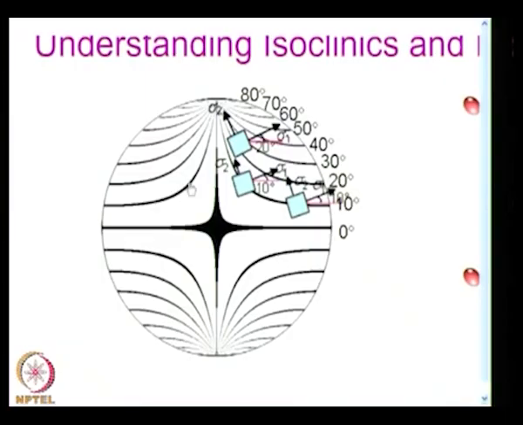In a conventional polariscope, I have to keep it at 0 degrees, 10 degrees, 20 degrees, 30 degrees, and for each of them go and carefully draw the isoclinic sketch. And there is also something very interesting. I will not give you the answer.